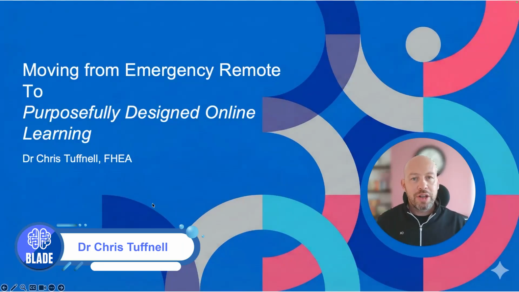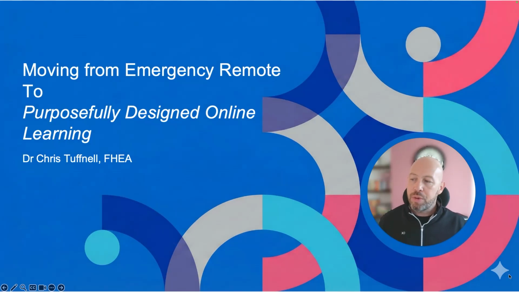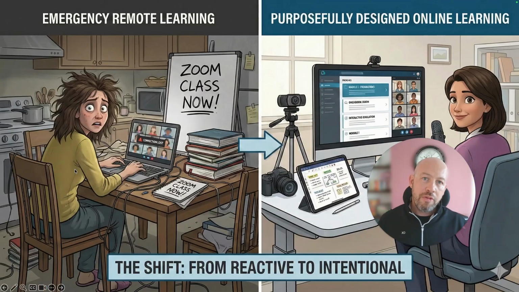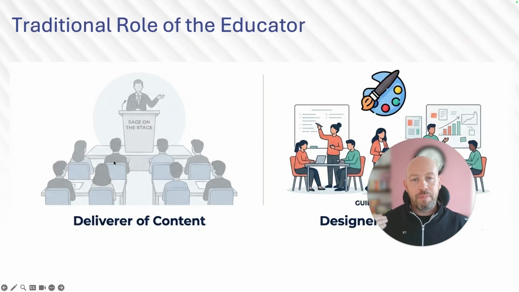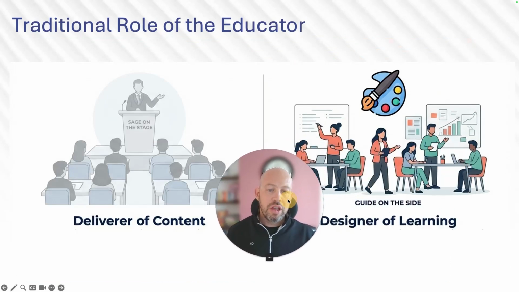Hi there. So in the last video, we talked about some purposeful design decisions that you can make to help you shift away from emergency remote learning to a more purposely designed learning experience in the online environment. And we talked about how a mindset shift away from deliverer of content and information towards a designer of learning experiences was key.